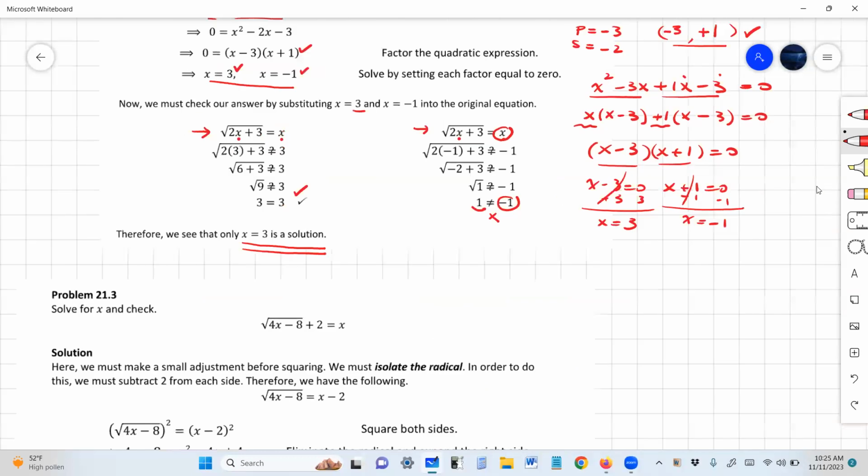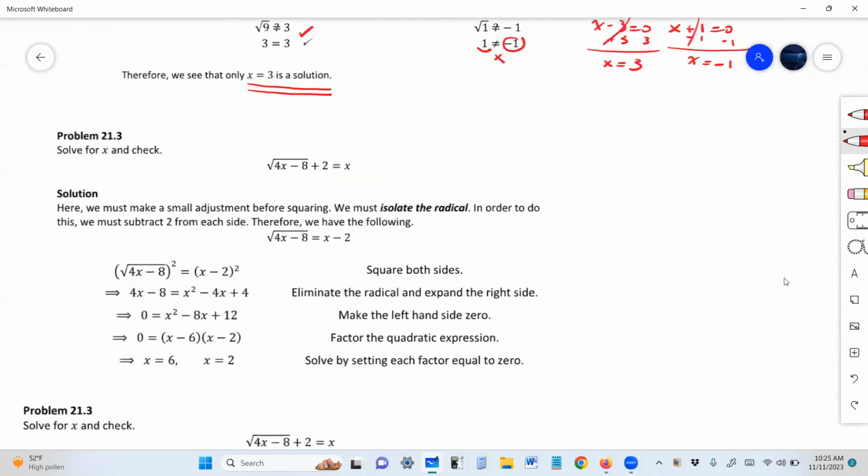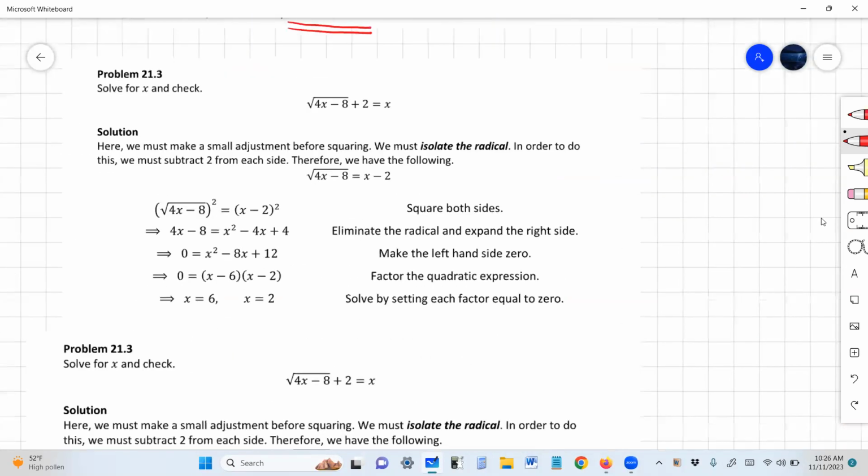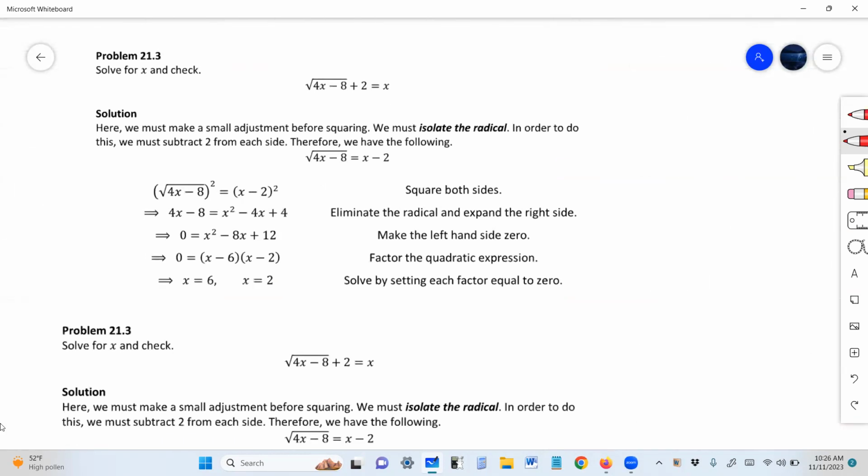Let's see another example, the last one for this video, is right here. Now in this case, look at the equation. The radical symbol is not isolated. I have this +2 here.